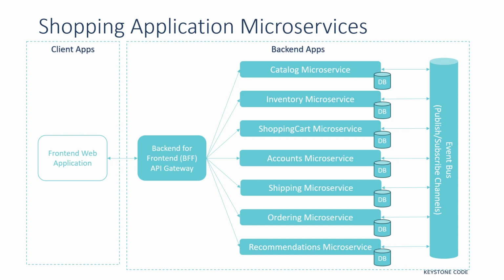So when the catalog has a new product added to it, it can issue an integration event out onto the event bus, and anybody that cares, one of the microservices that would care would be the inventory microservice, could be subscribing to listen for those product created events. When a new one has been issued on the event bus, the inventory microservice can say, oh, okay, great, I'll go ahead and now start tracking inventory for that item. And there might be others as well.